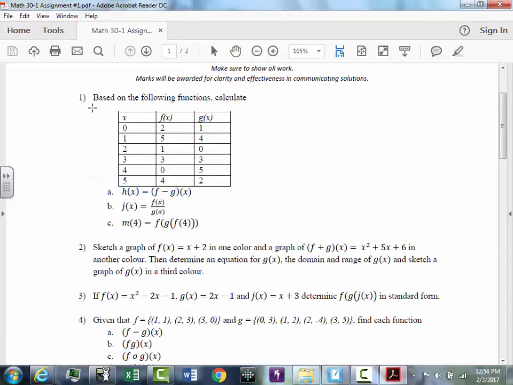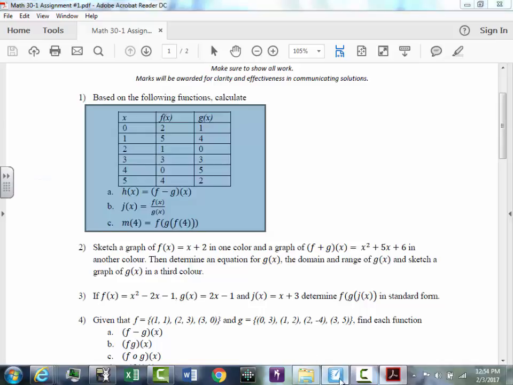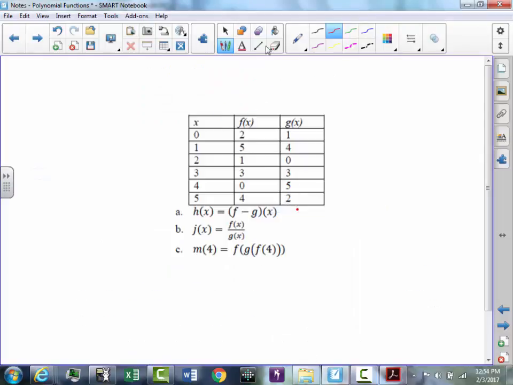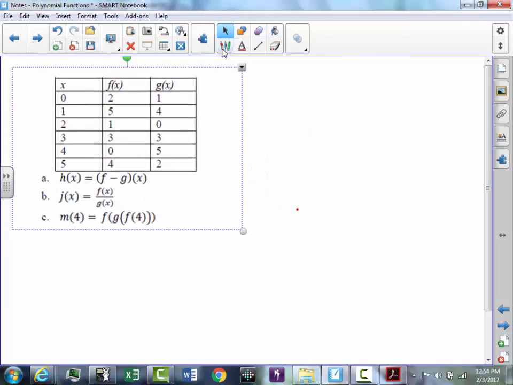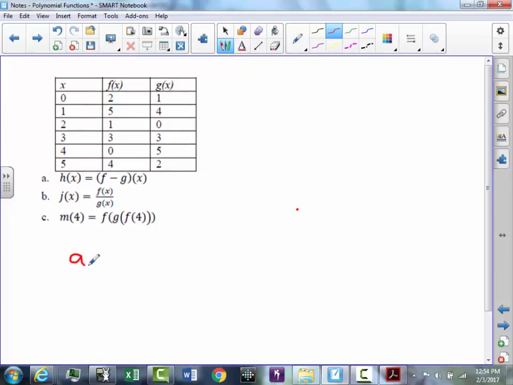Take a snapshot. So like if I were to ask you for A, if 0 is your input, when you take 2 and you subtract 1, you end up with 1.